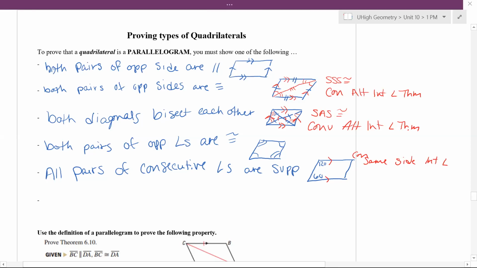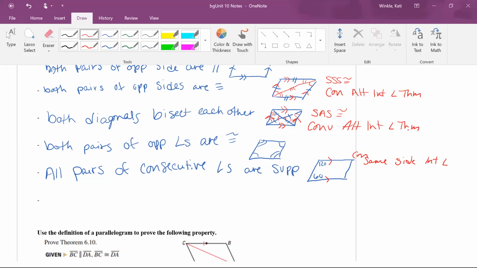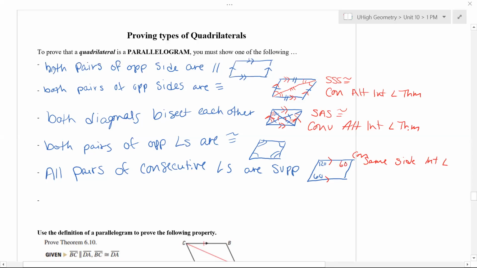Well, if all pairs of consecutive angles are supplementary, then I would have to have the next consecutive angle be 60 degrees. And then again, I have same side interior angles being supplementary, which again proves parallel lines.